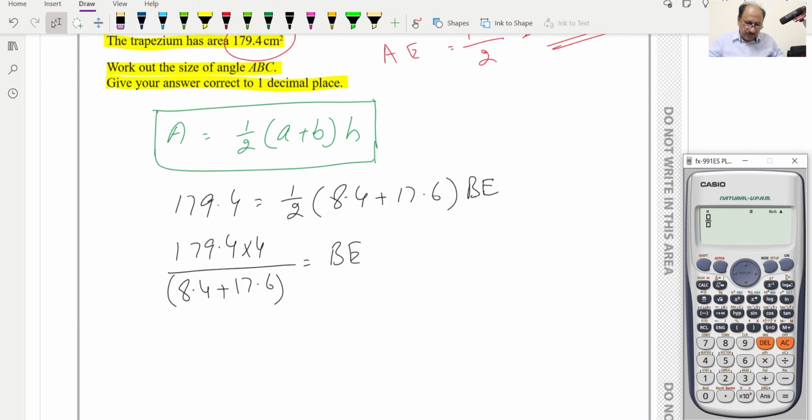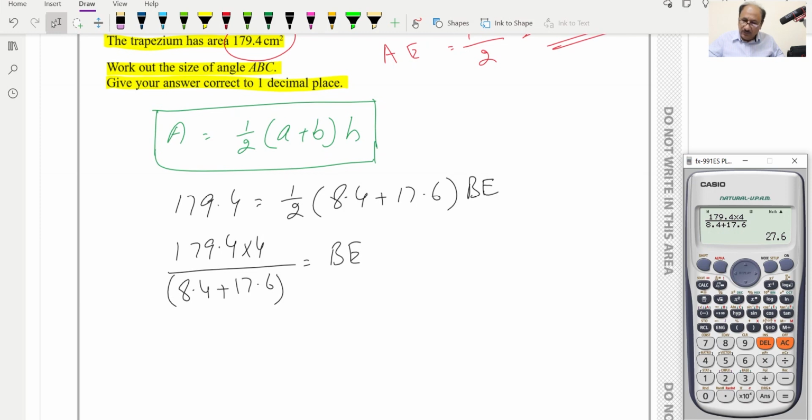So it will be 179.4 multiply by 4 and divided by 8.4 plus 17.6, and this is resulting to 27.6.